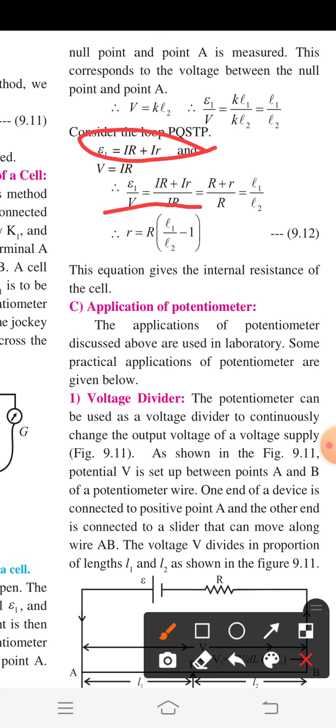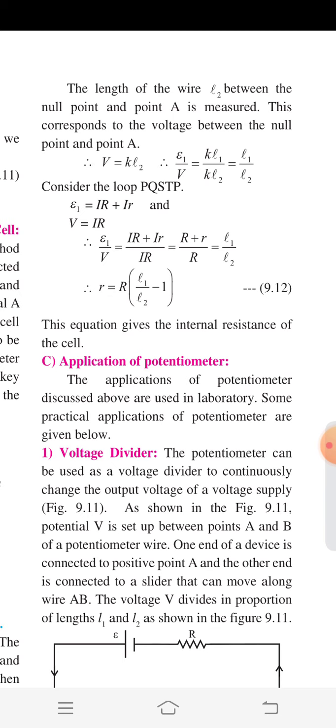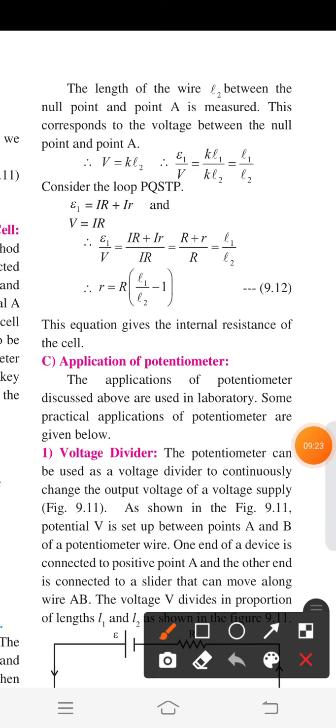E1 upon V is equal to R plus r divided by R, and we got the earlier equation E1 upon V is equal to L1 upon L2. By comparing these two equations, the LHS sides are equal, therefore the RHS are also equal.